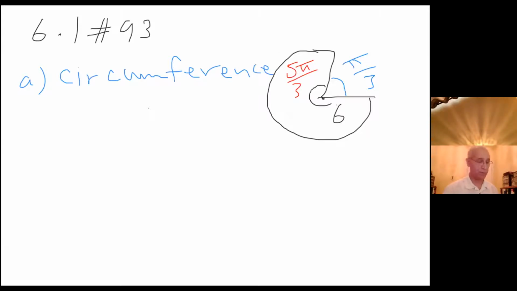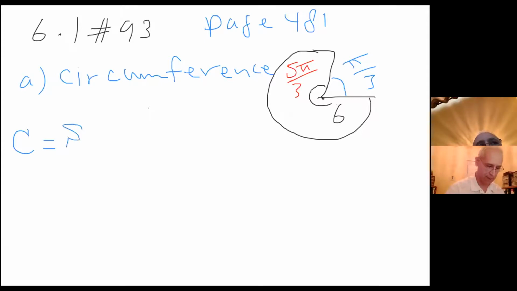And by the way, I'm on page 481, number 93. So we are looking for this circumference. Remember that we also learned the circumference for this problem is the same as this linear distance right here, that in this section we call S, and that equals r theta.